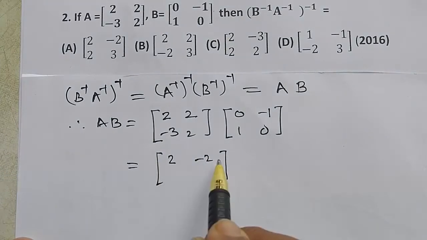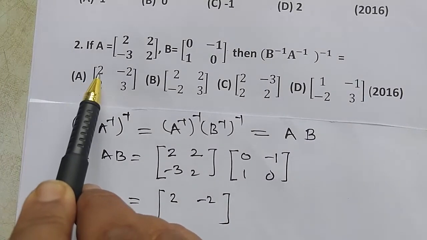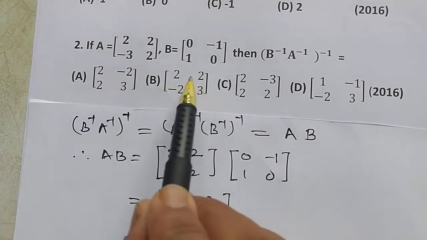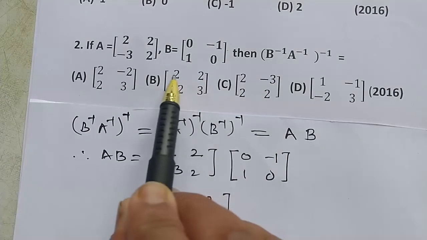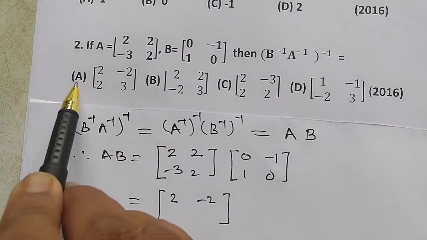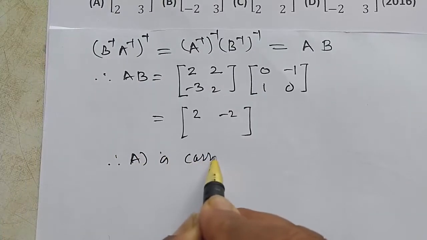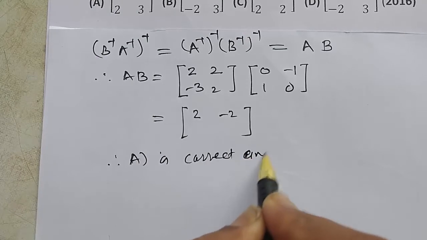So first row is 2, minus 2. Now in the options, in option A it is 2, minus 2, and in all other options the first row is different. So no need to calculate further. Without wasting time, we select A as the correct answer. Therefore A is the correct answer.